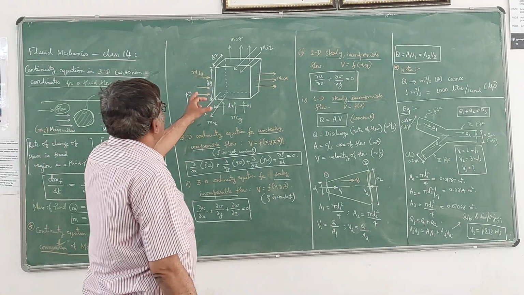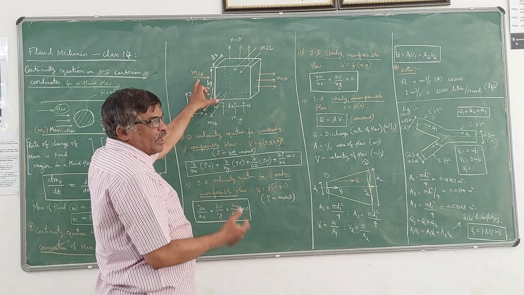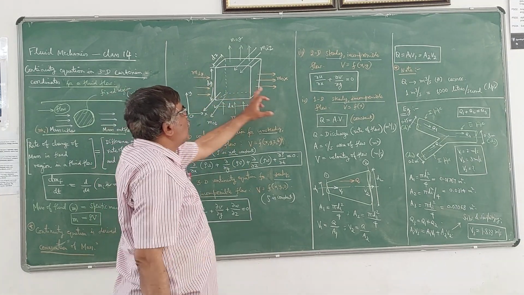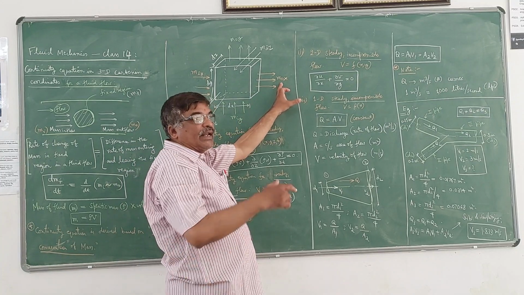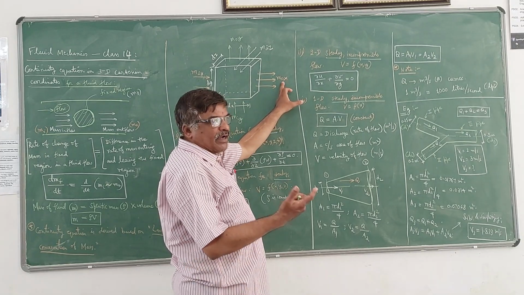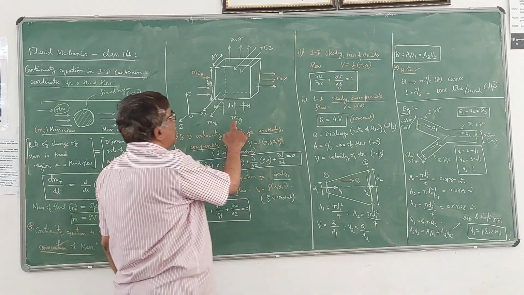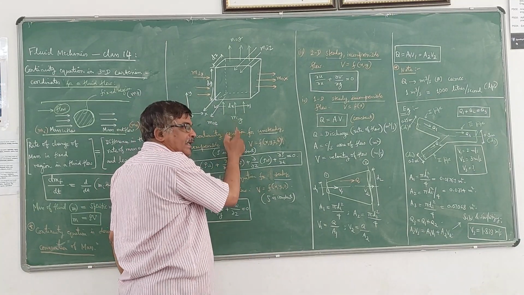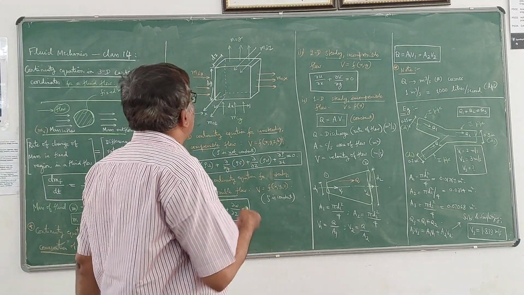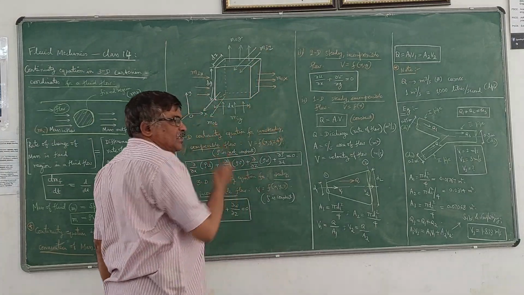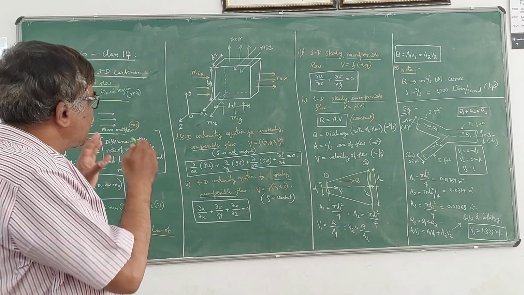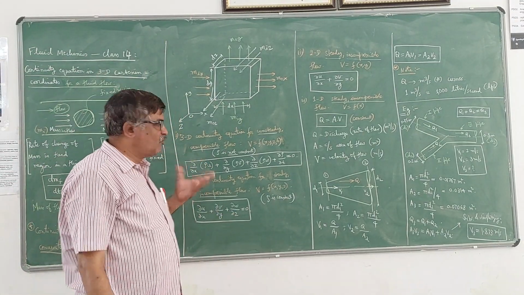Here, mix means the mass of the fluid entering this fixed region in the x direction. MOX means the mass of the fluid leaving the element in the x direction, where O means outflow and I means inflow. MIY means the mass of the fluid entering in the y direction. MOY means the mass of the fluid leaving in the y direction. MIZ means the mass of the fluid entering in the z direction. MOZ means the mass of the fluid leaving in the z direction. So in total we have six quantities in a three-dimensional flow.